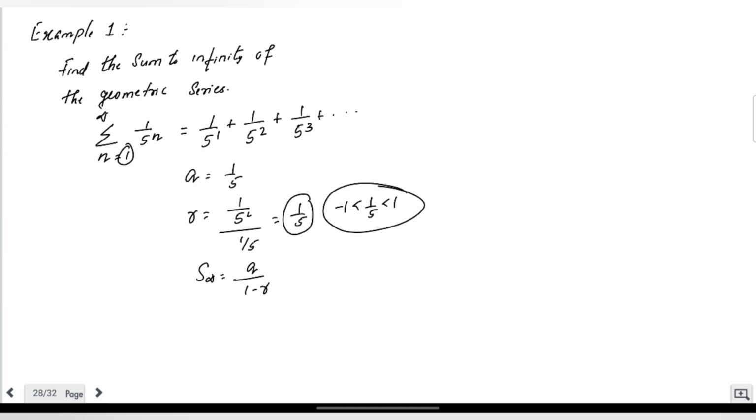An infinite number, all the terms: 1 over 5 to the power 4, 1 over 5 to the power 5, etc. Let me substitute and check. a is 1 over 5, divided by 1 minus 1 over 5. When you do this, the answer will give you 1 over 4. You can use the calculator, you will get 1 over 4, which is 0.25. When you add all these terms, the answer will be converging to this number, 1 over 4. Is it clear? Okay, let's go to the next question.